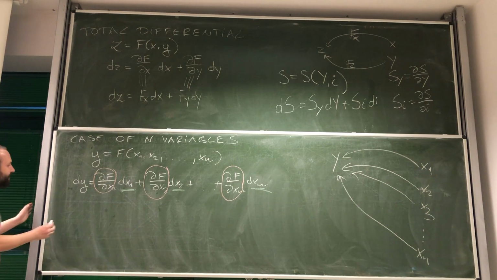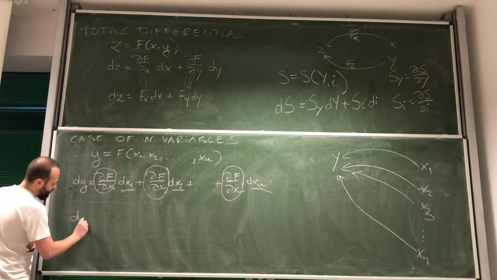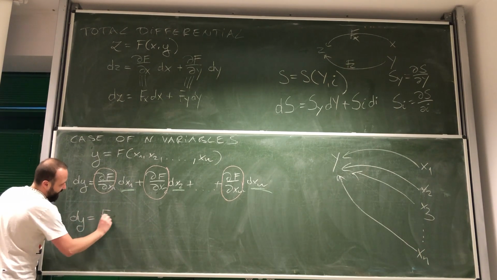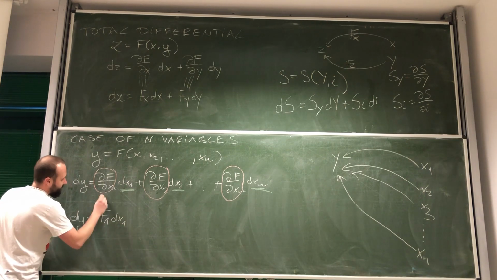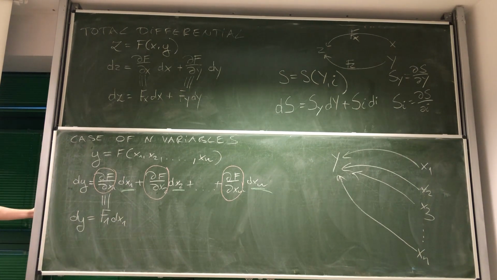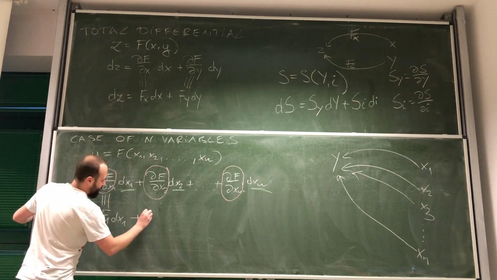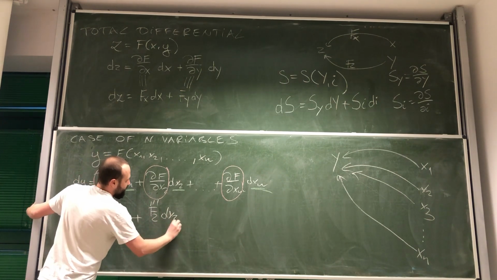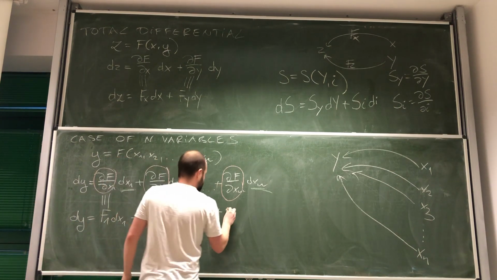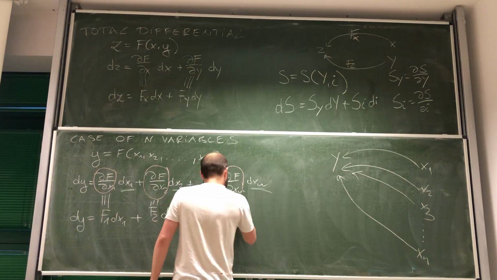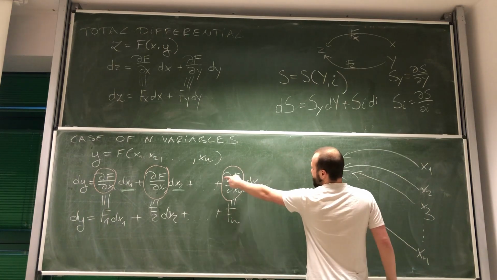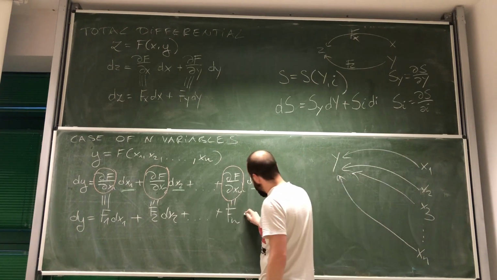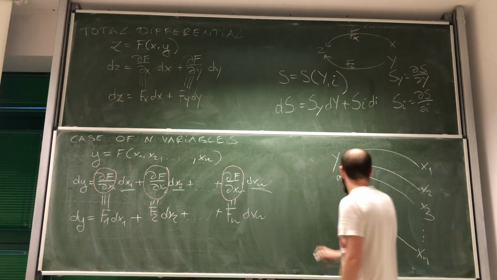And look, again, we can simplify this by writing f1 dx1, where by f1 we mean, of course, partial derivative with respect to x1. Then we would have plus f2 dx2 plus until fn, where fn denotes partial derivative with respect to xn times dxn.